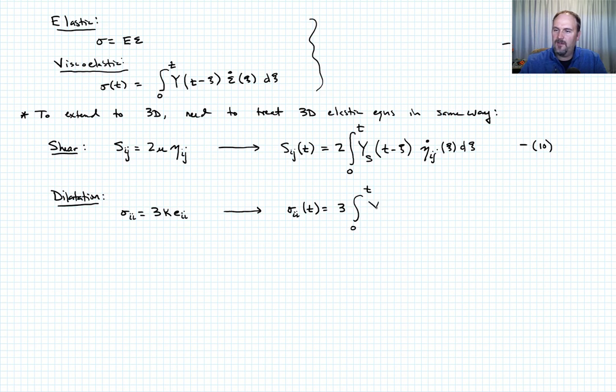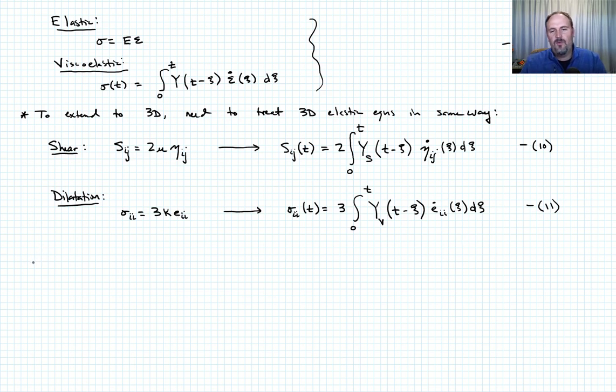Now we have a relaxation modulus, Y, which is a volumetric relaxation modulus, so I'll subscript it with v, times t minus c. Now we have epsilon ii dot, which is a function of c, dc. Call that equation 11.